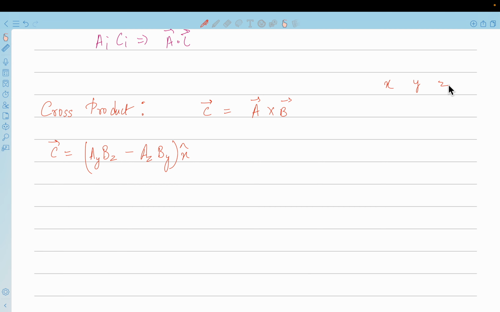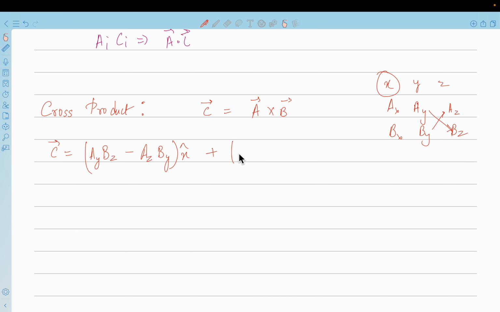So how do we do this? It's x y z, Ax Ay Az, Bx By Bz, and if we are talking about the x cap, we do Ay into Bz minus By into Az, right? So that's what I have written here, and similarly the other terms come. So for y we have a negative sign, AxBz minus BxAz.